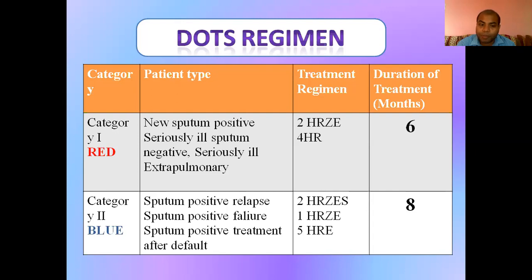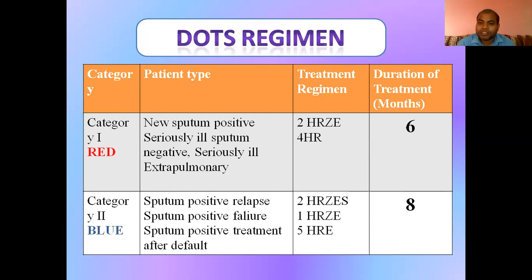For the category 2 patient, that is the blue box patient, classified according to patient type, that is sputum positive treatment failure, or sputum positive after completing treatment.